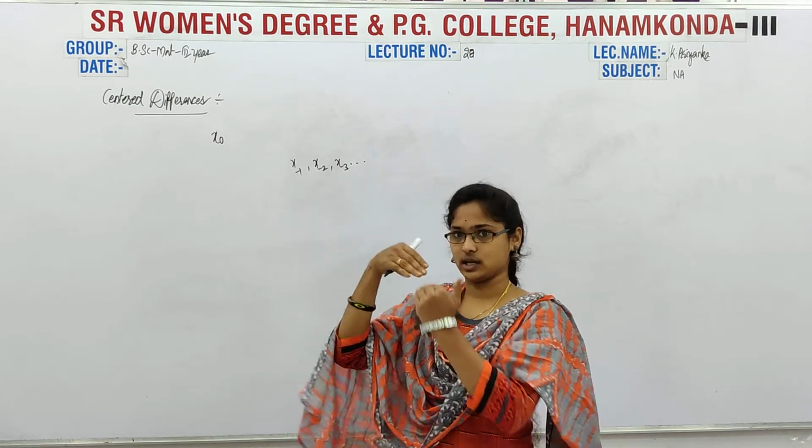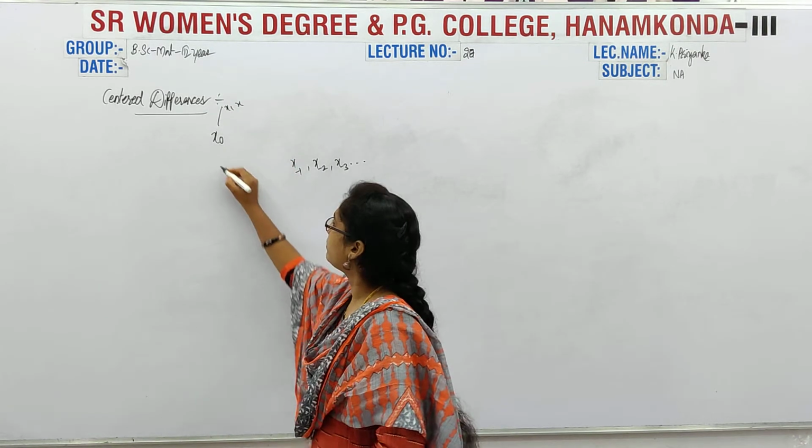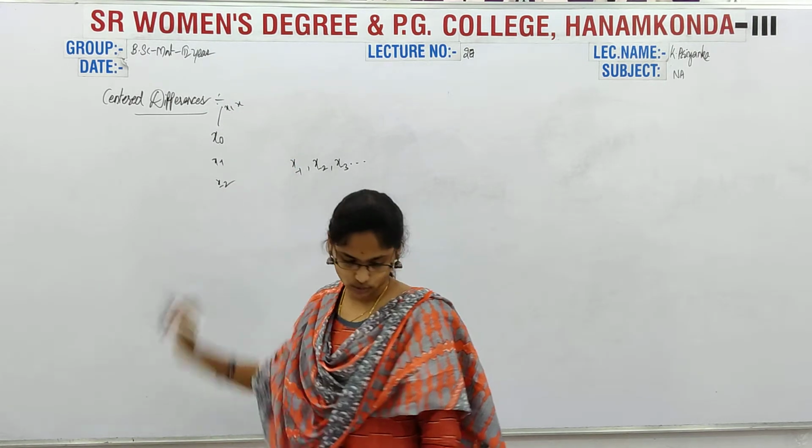Above x naught the values are x1, x2, x3; below x naught they are x minus 1, x minus 2, and so on.